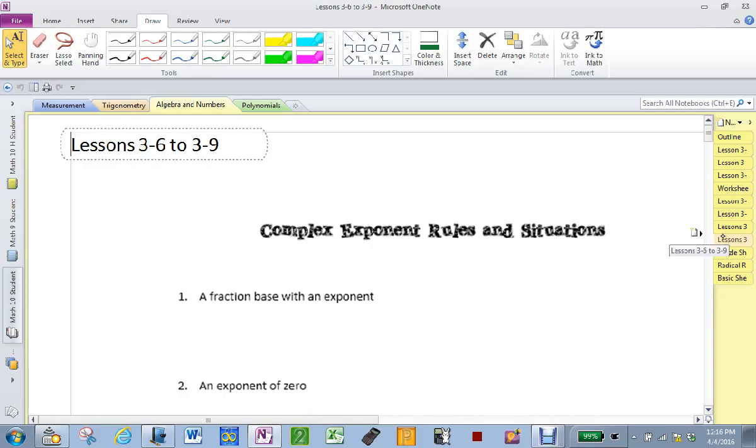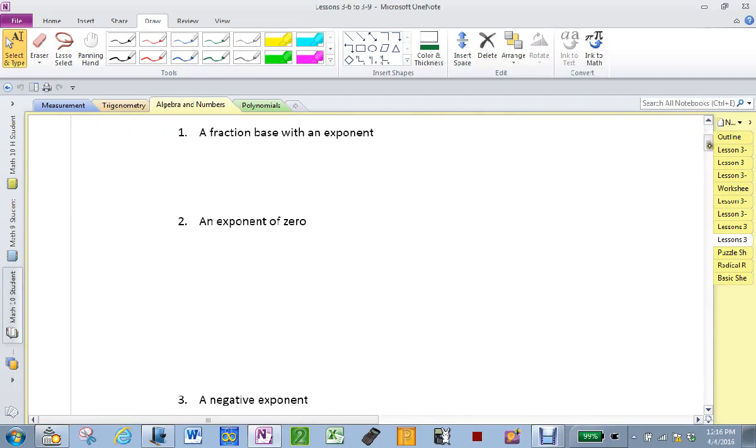So you should now be looking at this sheet, yeah? Okay. A fraction base with an exponent. 2/3 squared.